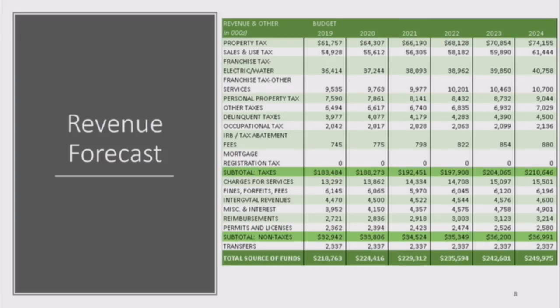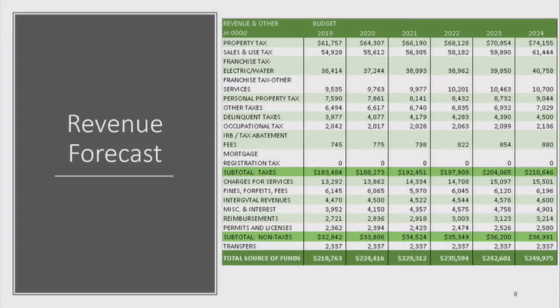The 2021 through 2024 increases are in the 2 to 3% ranges for each of those years. Property tax, in 2019, we're at just under $62 million. And we jump to 64 million in 2020, which is about a 4% increase. And then we have 2.9% increases for the outer years until we get to 2023, and then it jumps back up to about 4%.